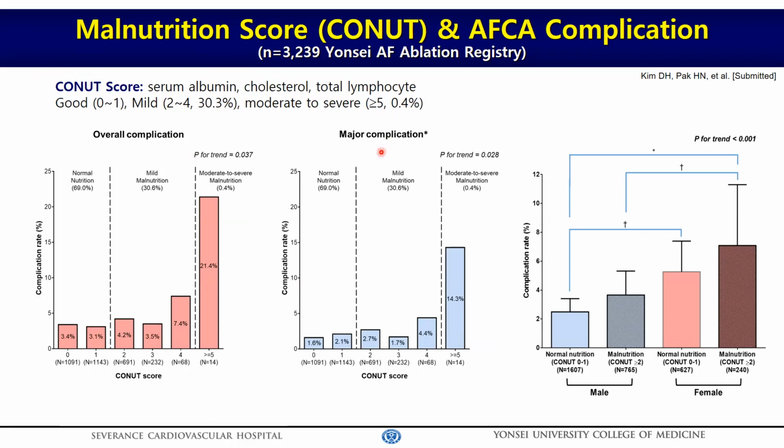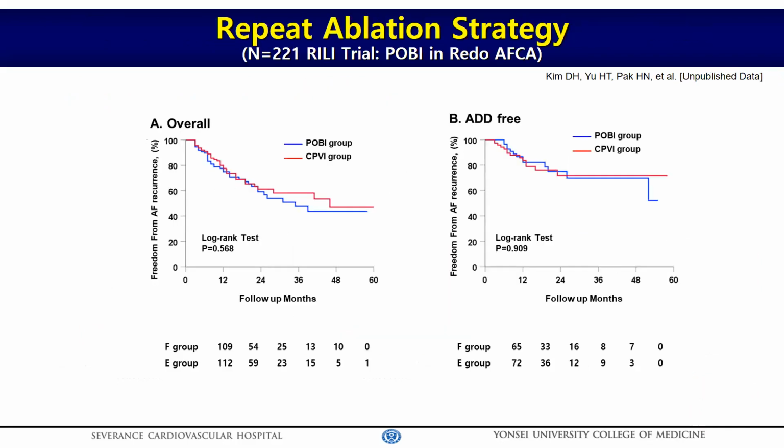And we found significantly higher overall and major complication risks in patients with malnutrition. And this relationship was more significant in female patients with malnutrition. Therefore, we have to be very careful during the procedures for patients with small body size, malnourished old ladies, when we are planning an IRAF titration protocol for this subgroup of patients.